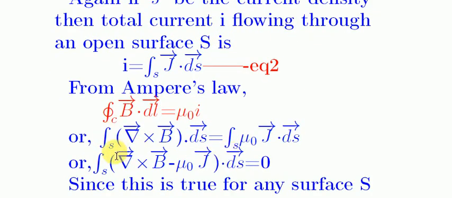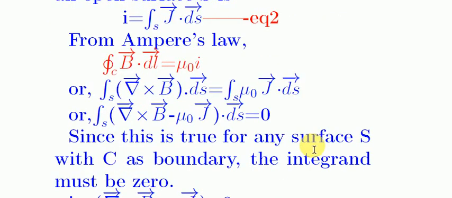So we write here at the left hand side of Ampere's circuital law, open surface integral curl of B dot ds, which is equal to open surface integral mu 0 times J dot ds.